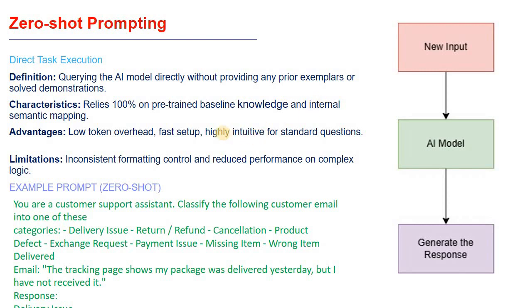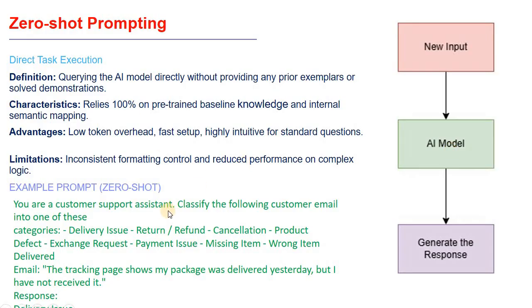However, for complex tasks, the output may vary because AI has no example to follow. So when you give an input prompt to the AI model, it will generate the response based on its knowledge because it does not have any prior examples or demonstrations.